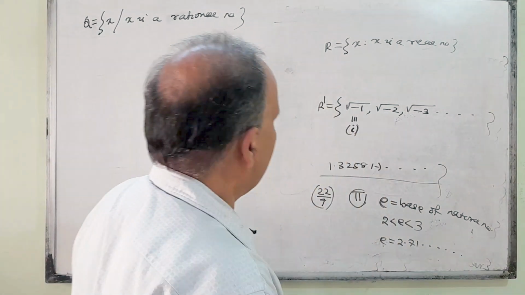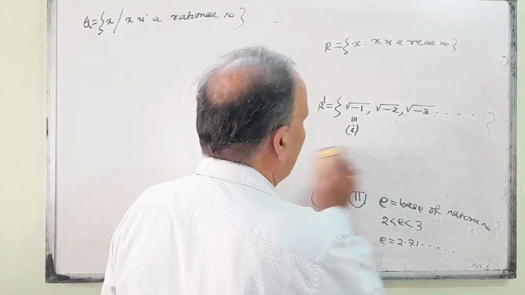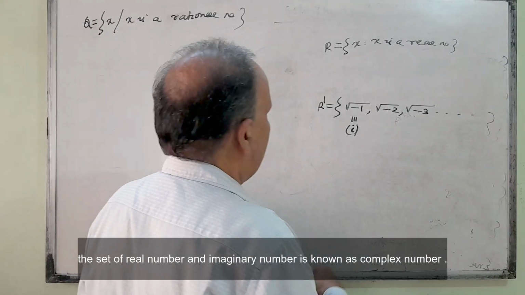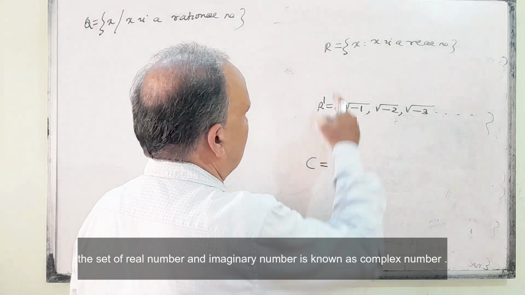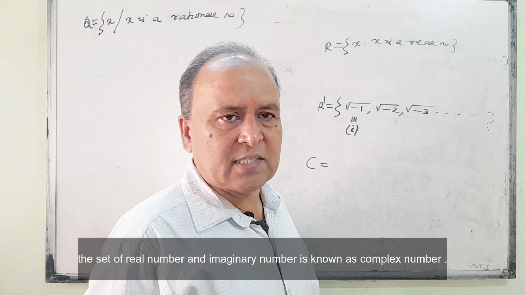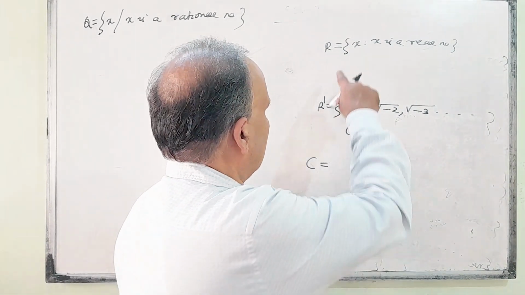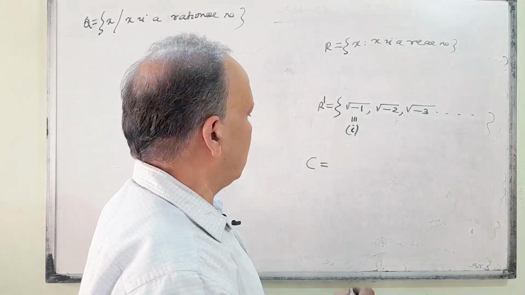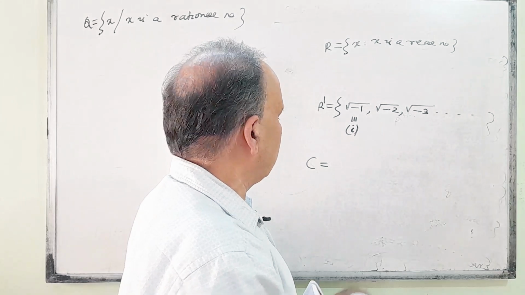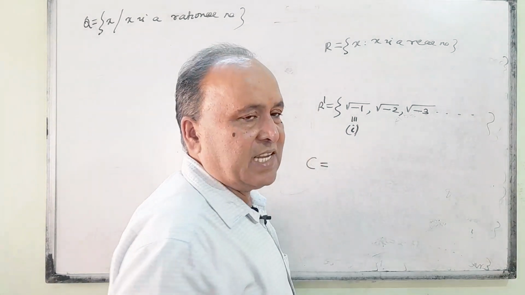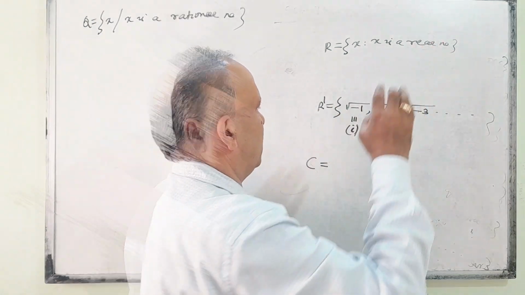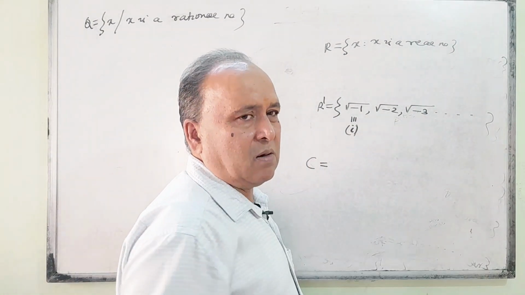Next, I have already told you about real numbers and imaginary numbers, and the set of all real and imaginary numbers is known as the complex numbers. Complex numbers include both real numbers and imaginary numbers. It is the biggest set, and it is also an infinite set because real numbers are infinite and imaginary numbers are also infinite.